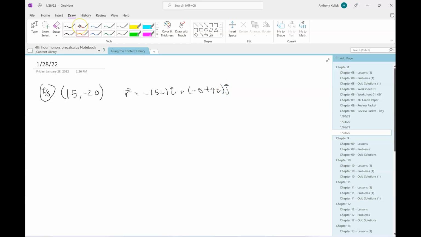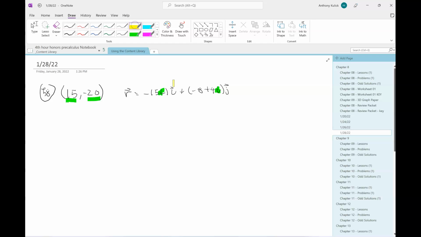So just thinking about what we need to be able to do to determine if this point is on this line. Basically, I want to see if there's one value of t that can generate this x and this y coordinate, right?